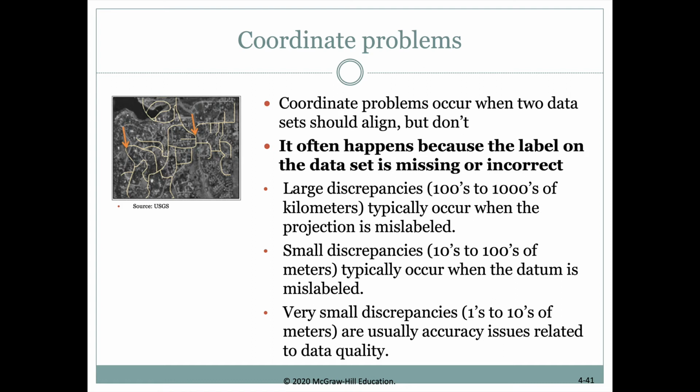So when that transformation with the datums happens, if you were unaware that a transformation happened, you might get that sort of error. And that's what we're seeing here, where things are off by a distance indicated by these orange arrows. And very small discrepancies are usually just a result of some sort of accuracy limitation. Maybe the GPS unit that the data was collected with wasn't as accurate as current units are.